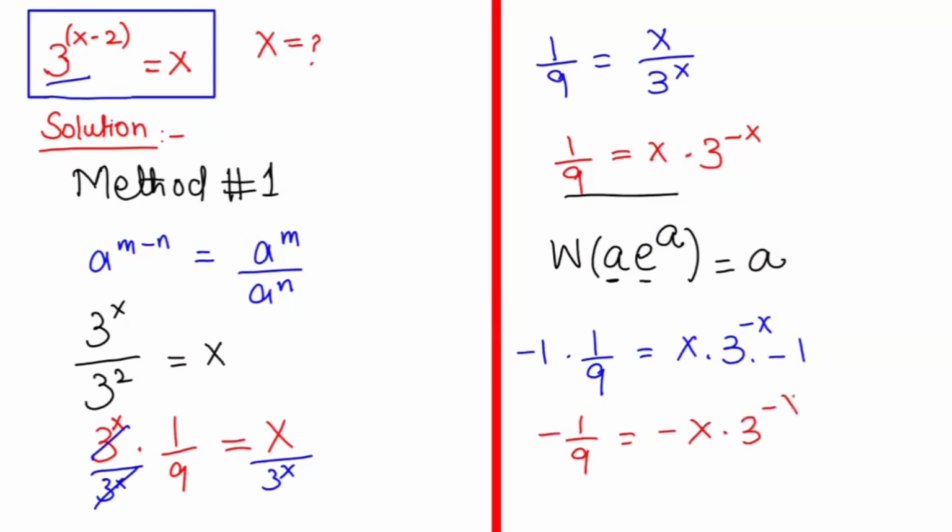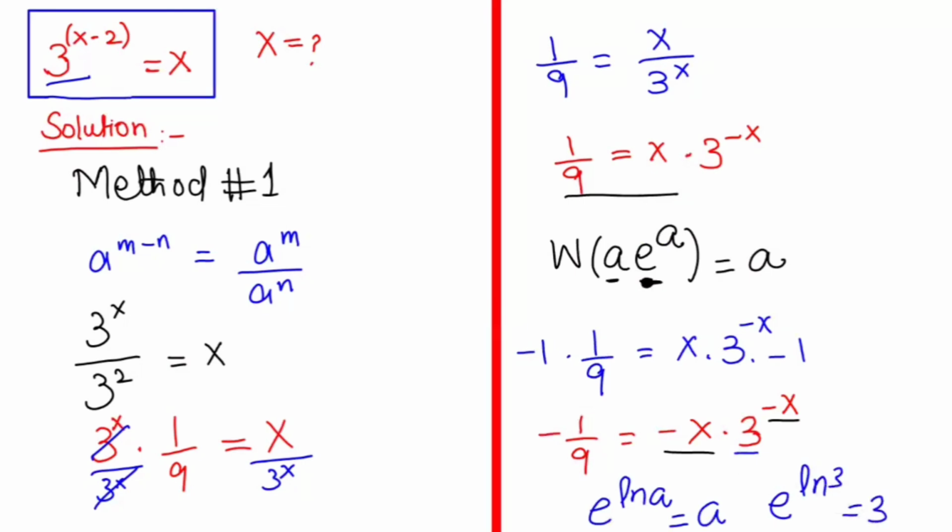If you can see here, the coefficient and the power are the same as in the Lambert W function, but we don't have this e here. For that, I will use a logarithm property, that e to the power of ln of a is equal to a. The same as here, e to the power of ln of 3 is equal to 3.